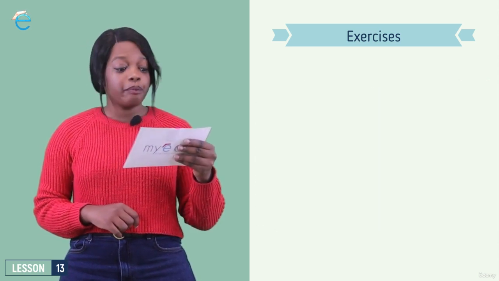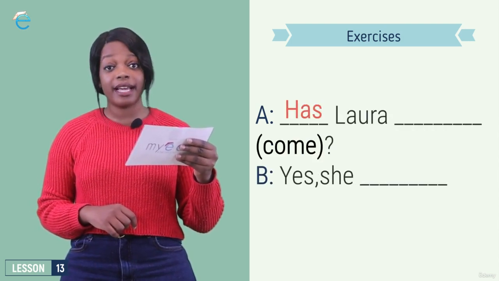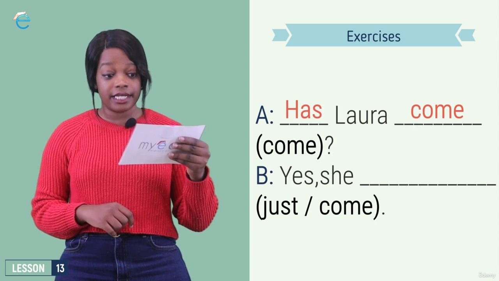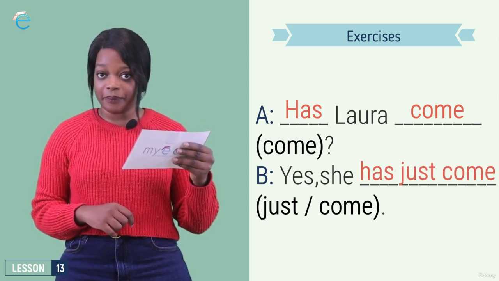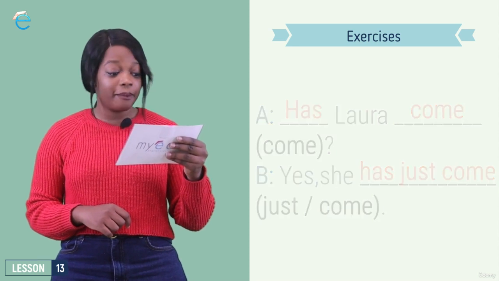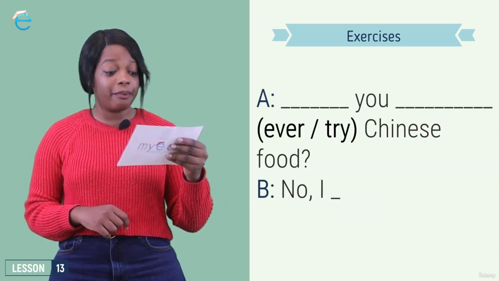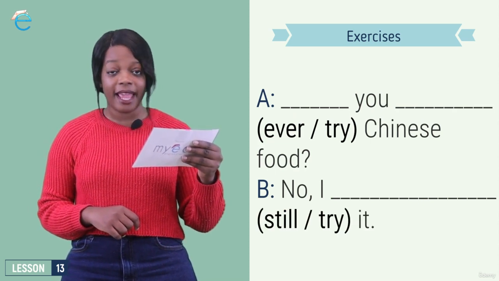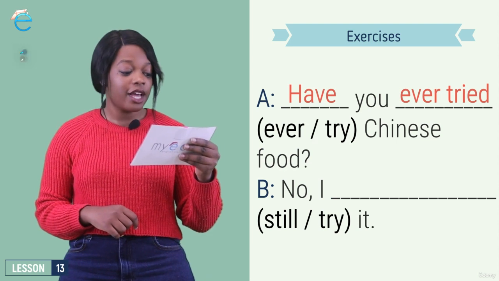Number 2, blank Laura blank. Has Laura come? Answer, yes, she has just come. 3, blank you blank Chinese food, in brackets ever try. Have you ever tried Chinese food?